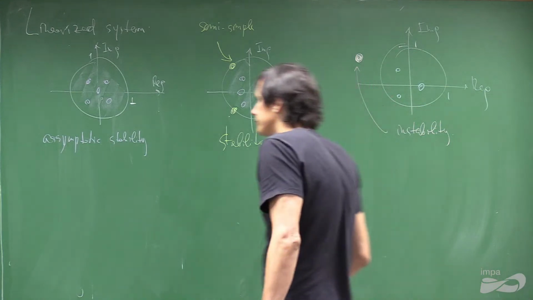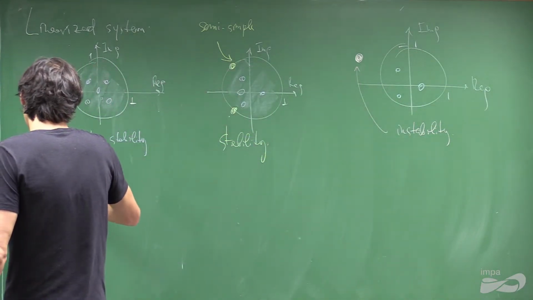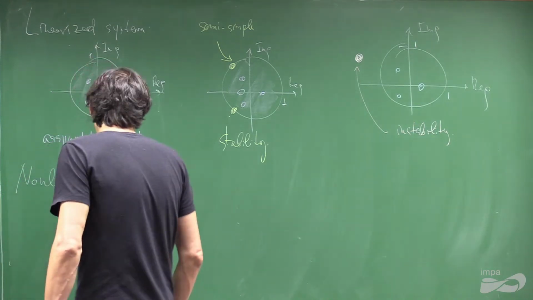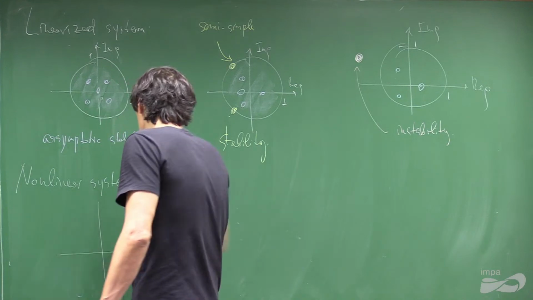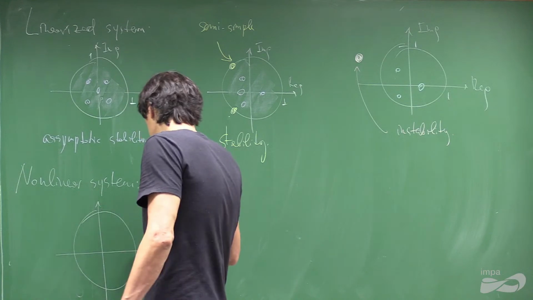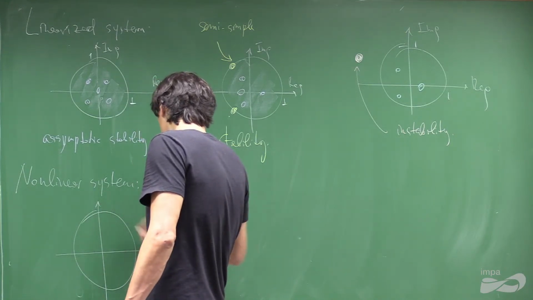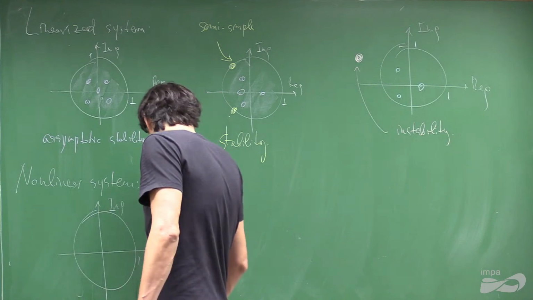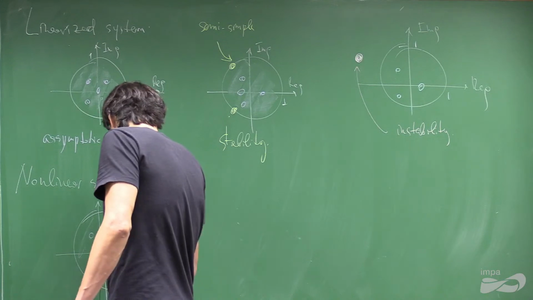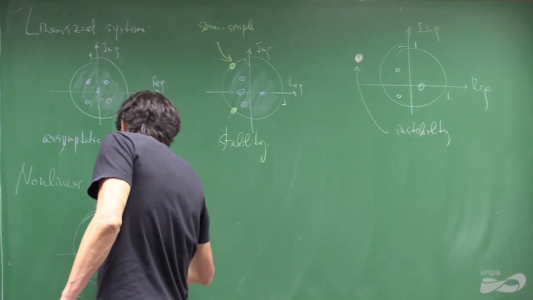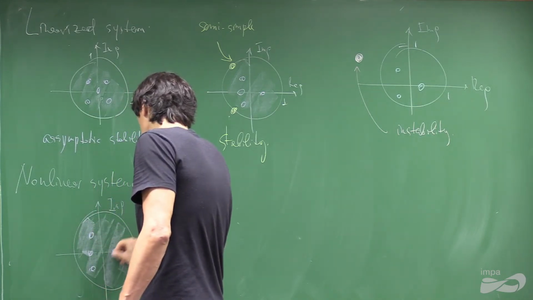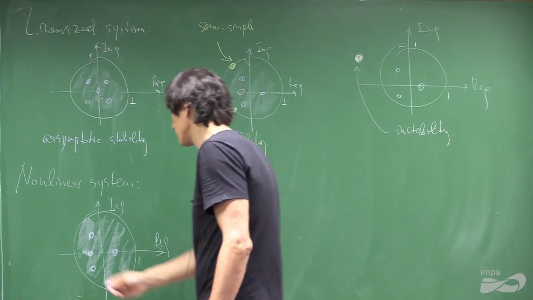And for the nonlinear system, the situation is slightly different. For the nonlinear system, the first case is just the same. If all eigenvalues are in the unit circle, then we have asymptotic stability.